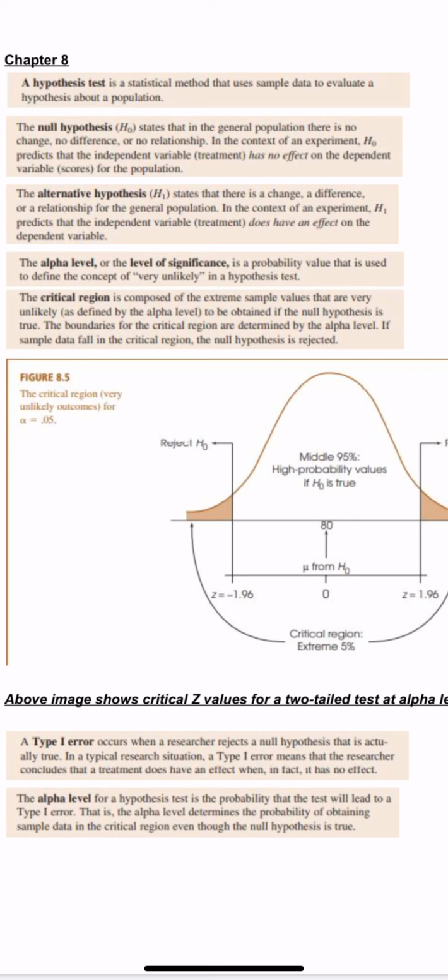The critical region is composed of extreme sample values that are very unlikely, as defined by the alpha level, to be obtained if the null hypothesis is true. If there's no effect of the manipulation, then the null hypothesis will be true. But if the manipulation to whatever we're studying has an effect, and our value comes to be at that critical region or above it, then we know that we have a good result.